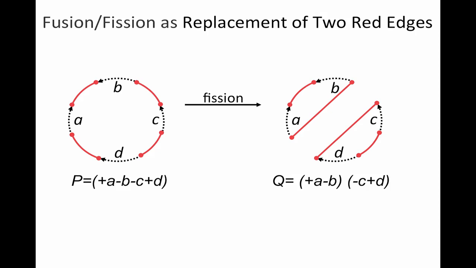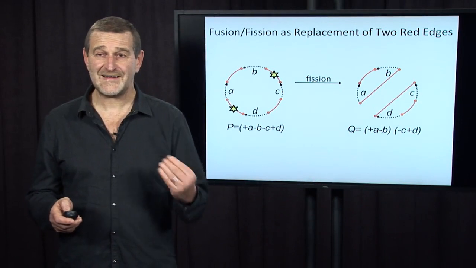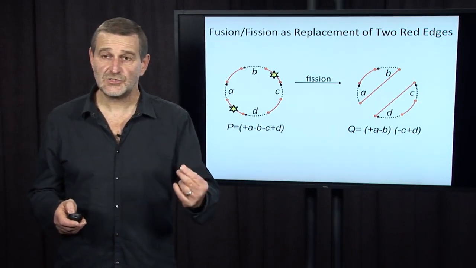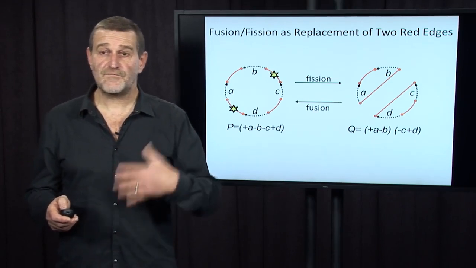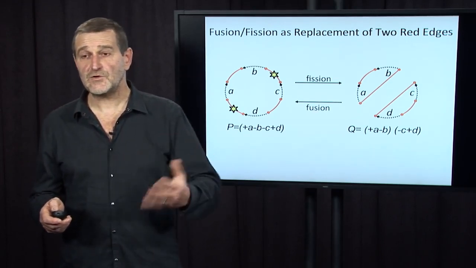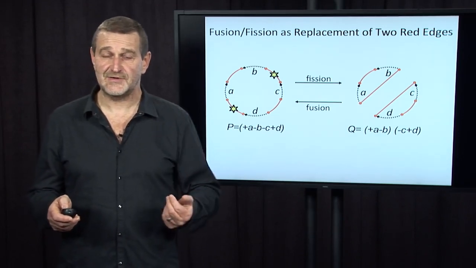What does it mean geometrically again? Once again, we remove 2 red edges and add 2 new red edges. And similarly, in the case of fusion, the reverse operation, we would also remove 2 red edges and add 2 new red edges.